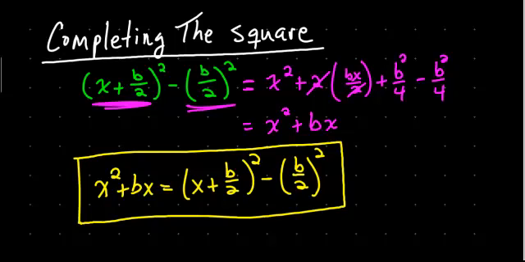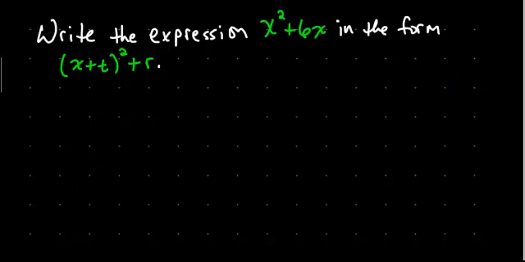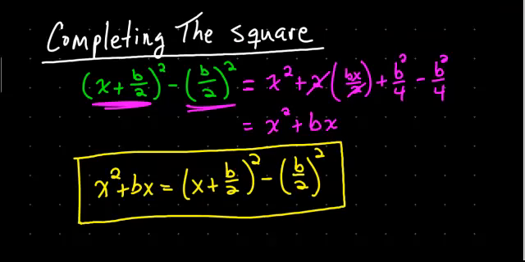Let's look at an example. Write the expression x squared plus 6x in the form x plus t squared plus r. If we go back and look at this formula, we'll see it's x squared plus bx. So what is our b here?